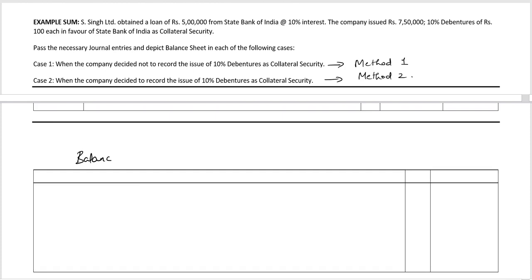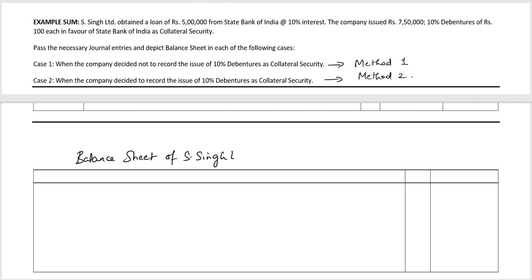Let's go ahead and complete the balance sheet. Balance sheet of Essing Limited as at 31st March, dash, it's an extract. We have particulars, a note number and a rupee column.